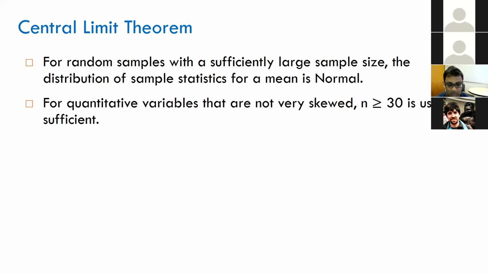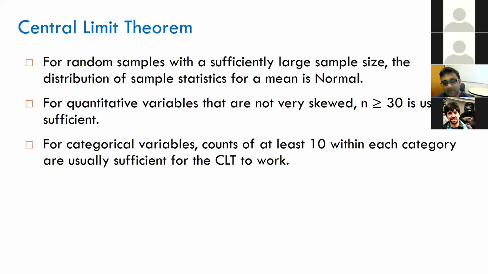This is not a hard rule. For quantitative variables, if your sample size is greater than 30, we assume that the data is normally distributed, which is called the central limit theorem.